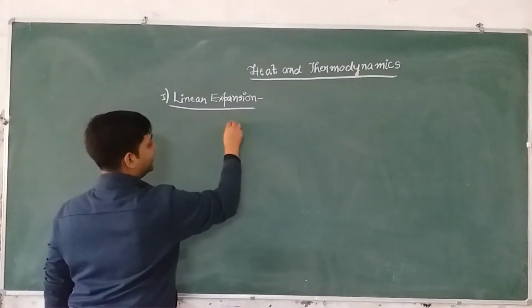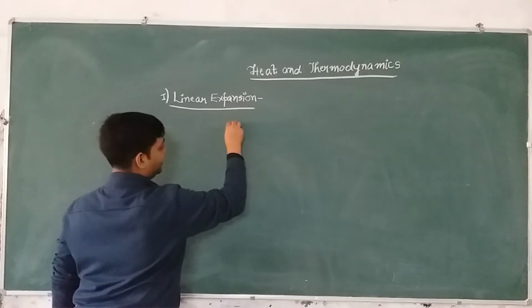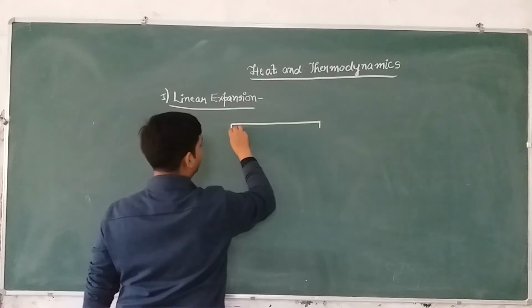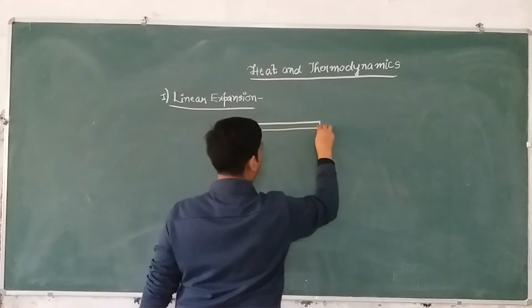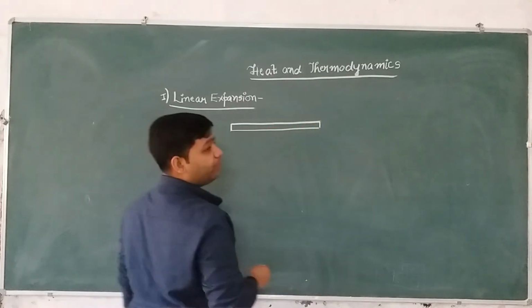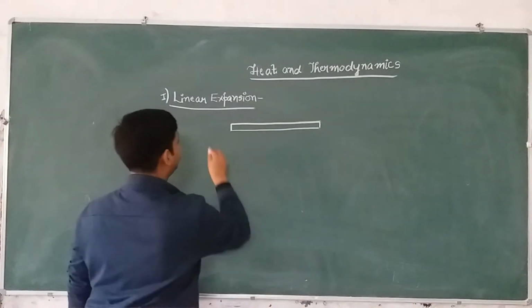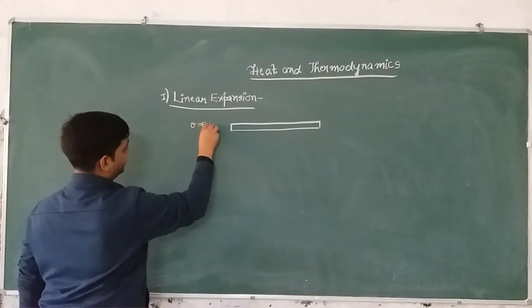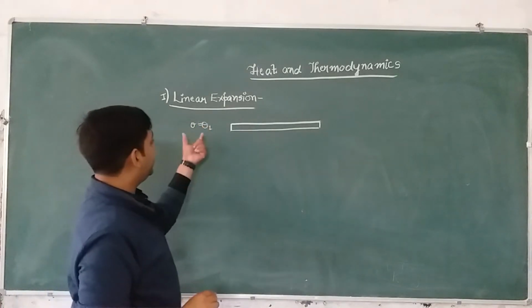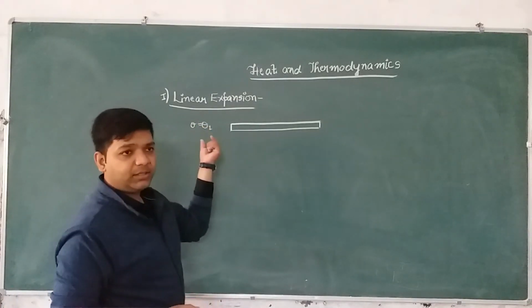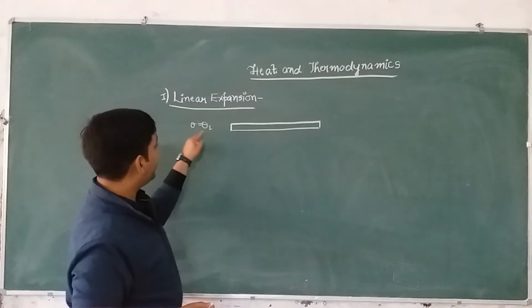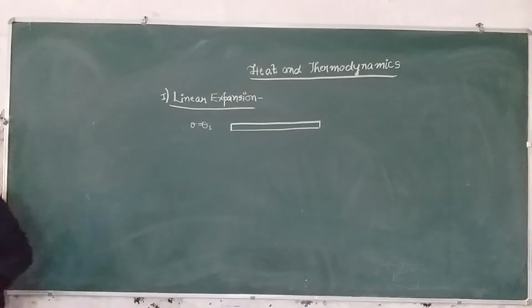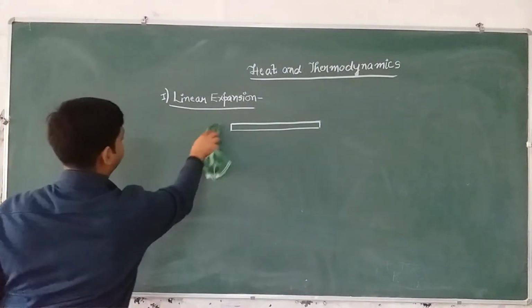Let's say there is a rod. At some temperature, let's say theta 1. I am denoting temperature here by the term theta, so there is no need to get confused.